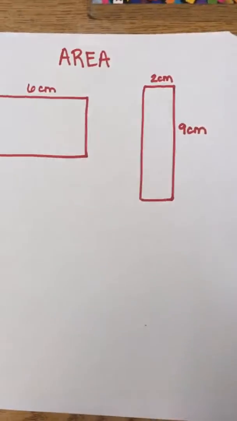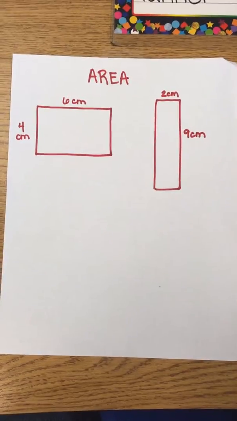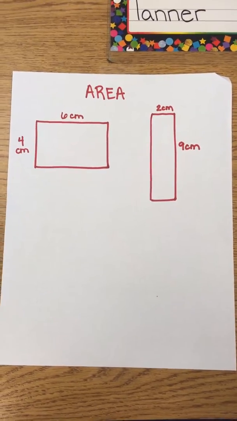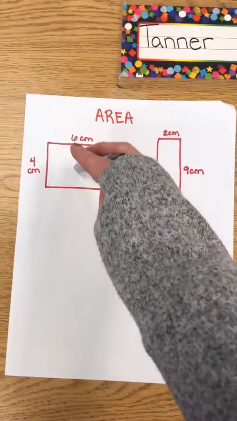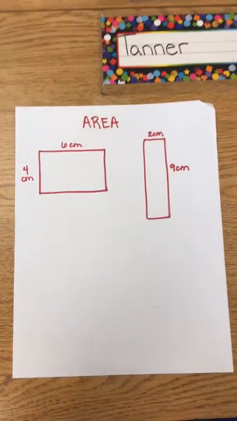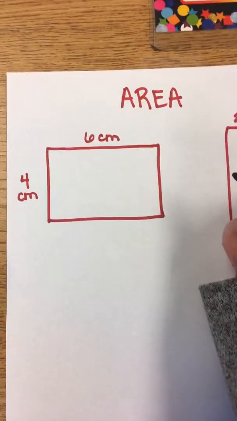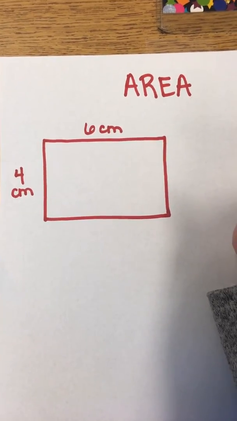If we don't have grid paper, how do we find the area? Okay, so we multiply because we know our multiplication. We've been doing our multiplication forever. You don't need to draw the squares in here. You just need to picture it in your head that if this were an array and we had 4 going this way and 6 going this way, how would we find the answer to that array? That's how we find the area.